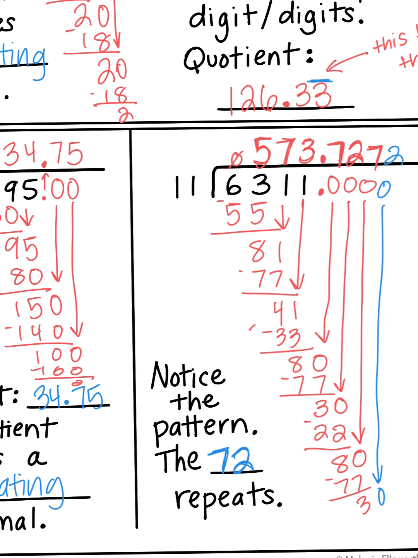So how do I draw my bar this time to show that 2 digits are repeating? What do you think I would do? Draw it over both, exactly. This shows that it's 72, 72, 72 forever and ever and ever. Okay? This is called a repeating decimal.